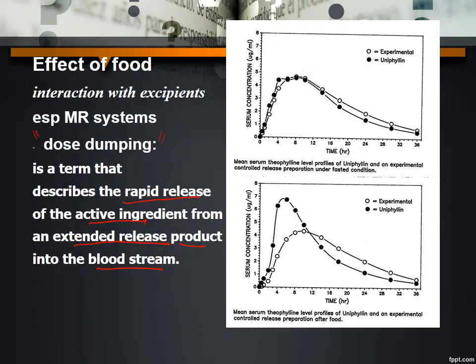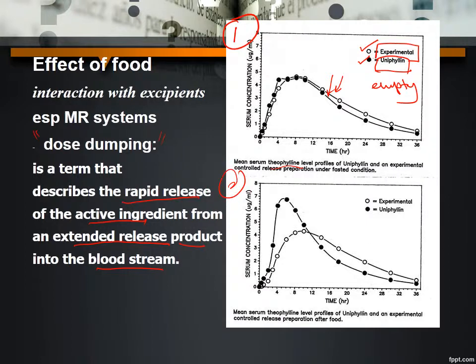So if you look at the example here, number 1, this is the serum plasma of theophylline. Theophylline is used mainly for asthma. Under empty stomach, fasted condition, the extended release brand, this is the brand Unifylline, and this is the experimental, show almost the same profile of theophylline.